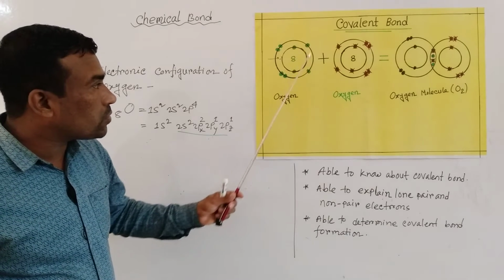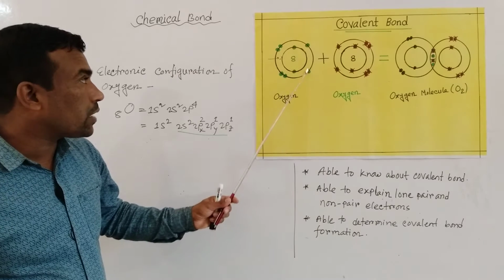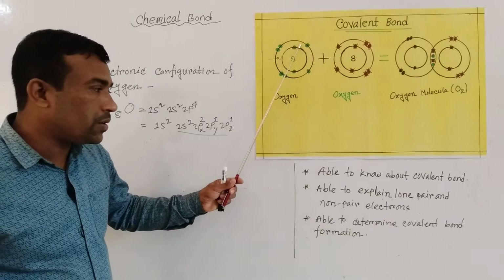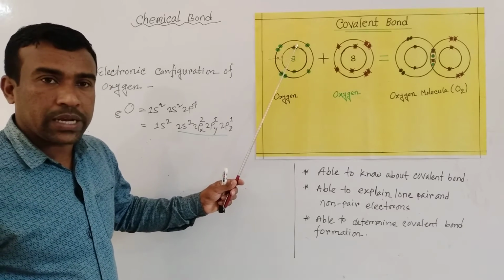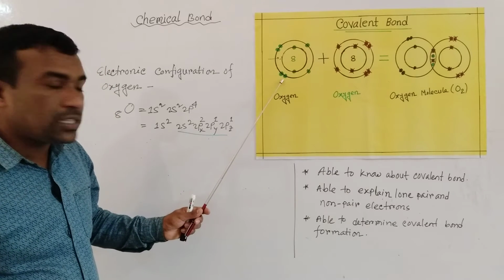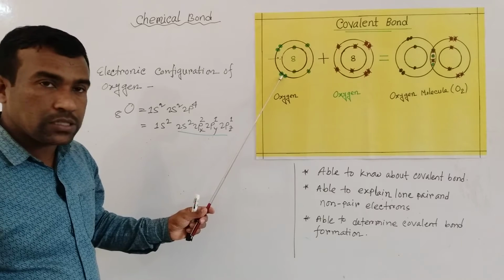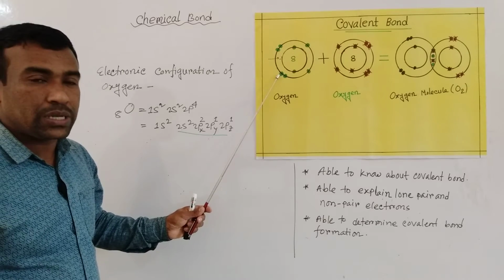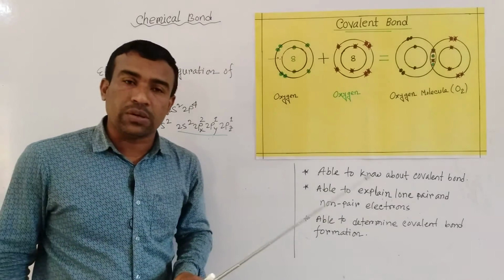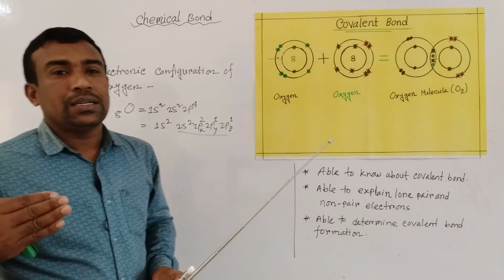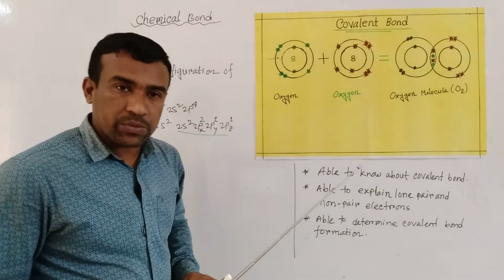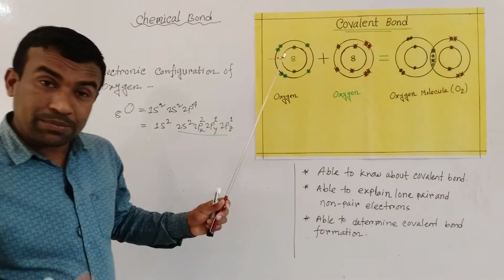The non-pair electrons will participate in the bond. These are known as bond pair electrons, and the pair electrons, I mean lone pair electrons, are not interested in forming the bond. Sometimes they form a coordinate covalent bond, but sometimes not.